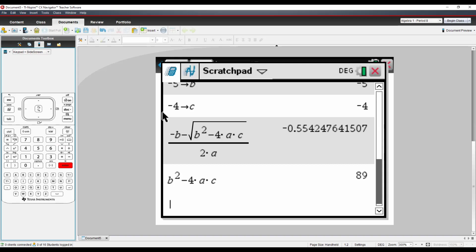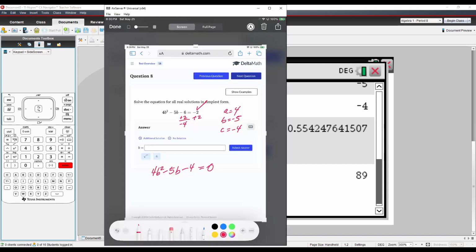If I go to my iPad, it's going to be x equals a -5 plus or minus the square root of 89 because that's what we calculated. Then it's going to be 2 times 4, which is 8. So let's go. We're going to go here, get rid of this. Boom, boom, boom.